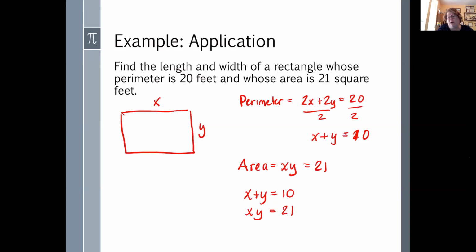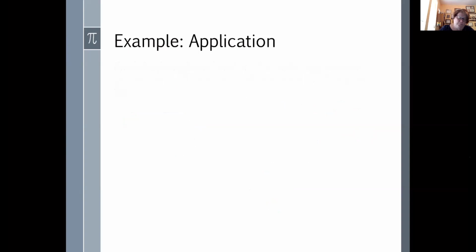So now I need to solve that system. If it's me, I'm going to solve the top equation for either x or y and substitute. So I would solve this using substitution.